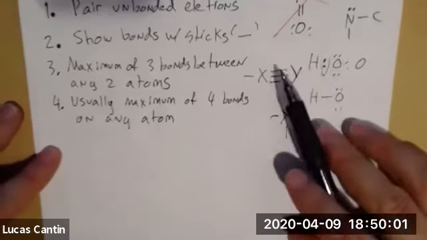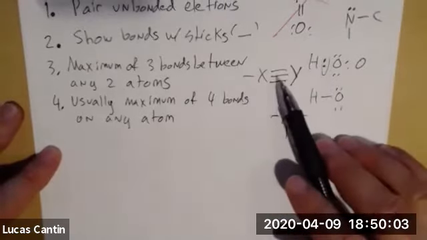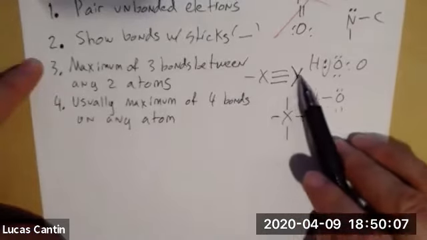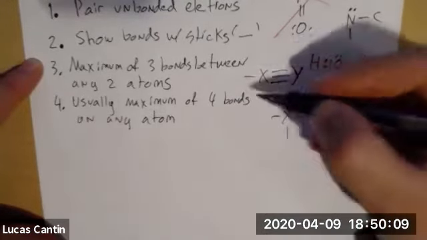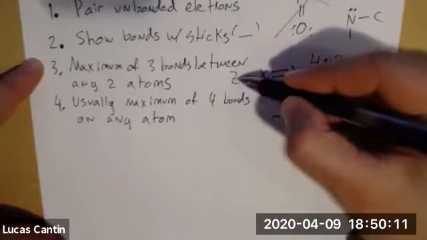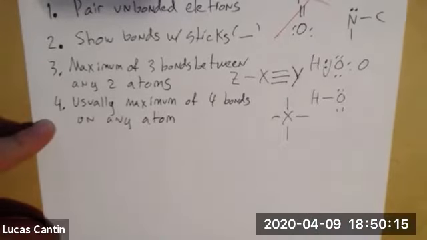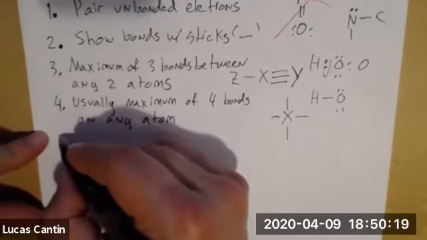So this isn't violating the rule. See, I have a bond over there. I'm not violating the rule because rule number 3, I have 3 bonds between X and Y, but then X and Z, I can have a 4th bond. Usually maximum of 4.